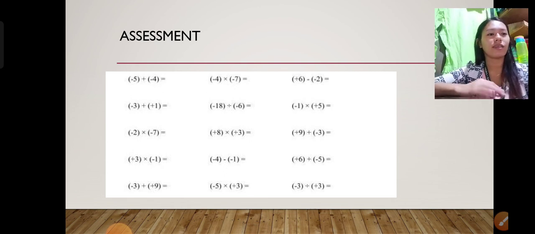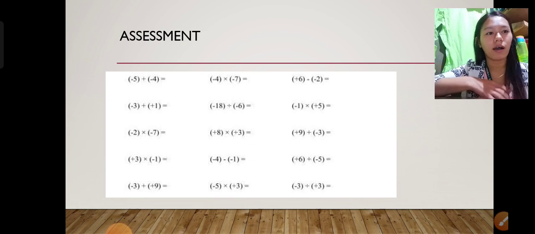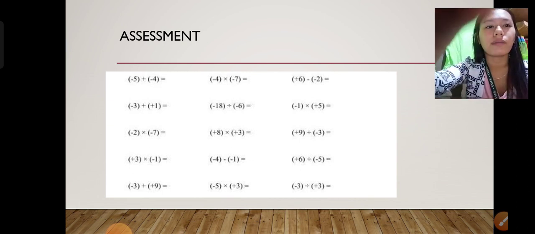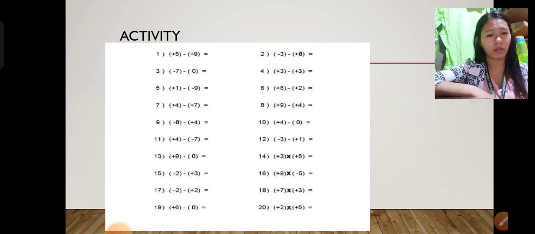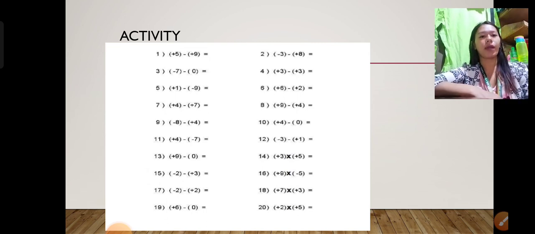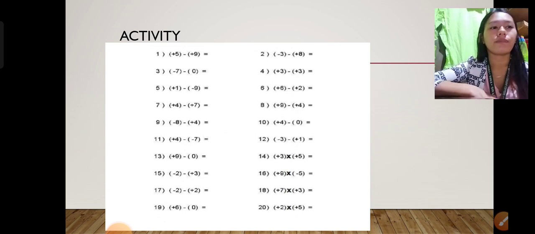Okay, since you already understand the topic, let's do an activity. Do it on one half sheet of paper. Okay, I'll give you 30 minutes to answer this activity.